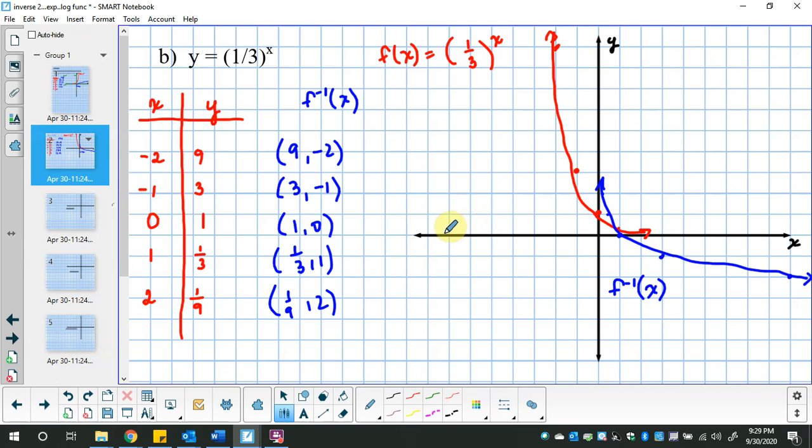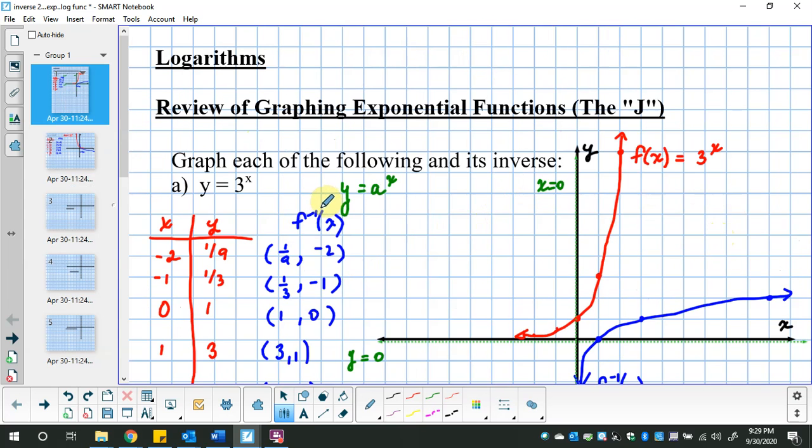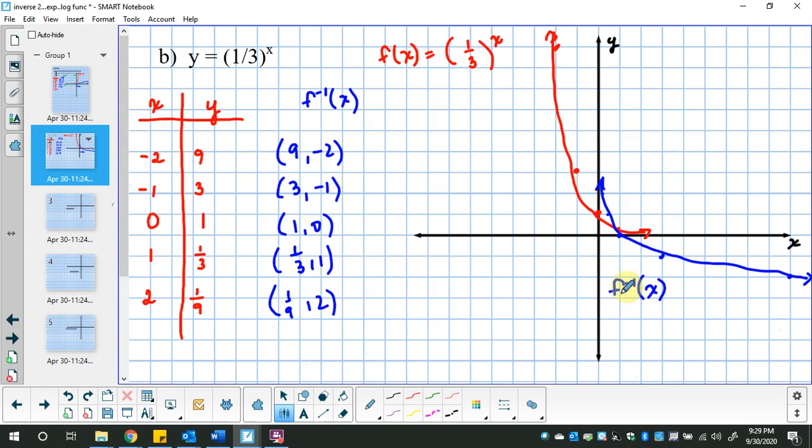There is a horizontal asymptote for the original running through the x-axis, and there is a vertical asymptote running through the y-axis for the inverse. So just like this guy.